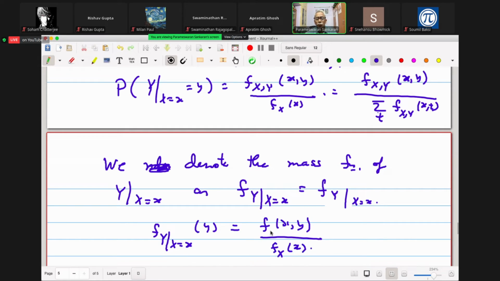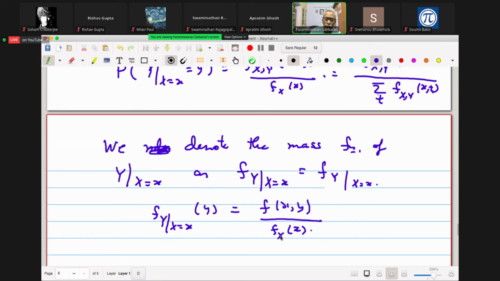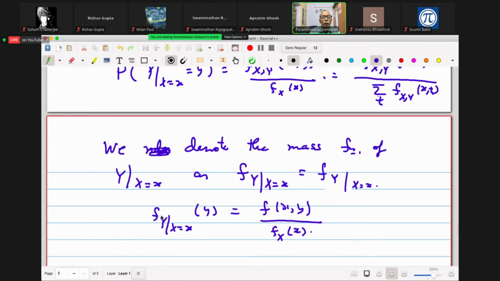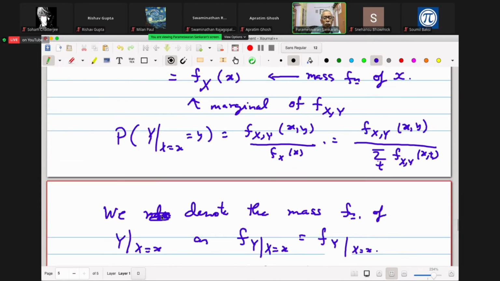Here I have written x instead of x comma y, so you understand. That's it. This is the conditional random variable Y given X equals x, and these probabilities are called conditional probabilities, as you already know.